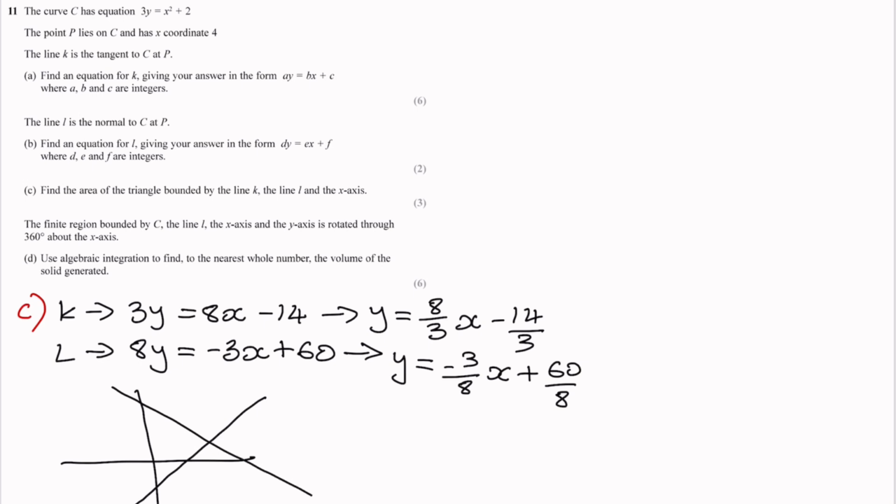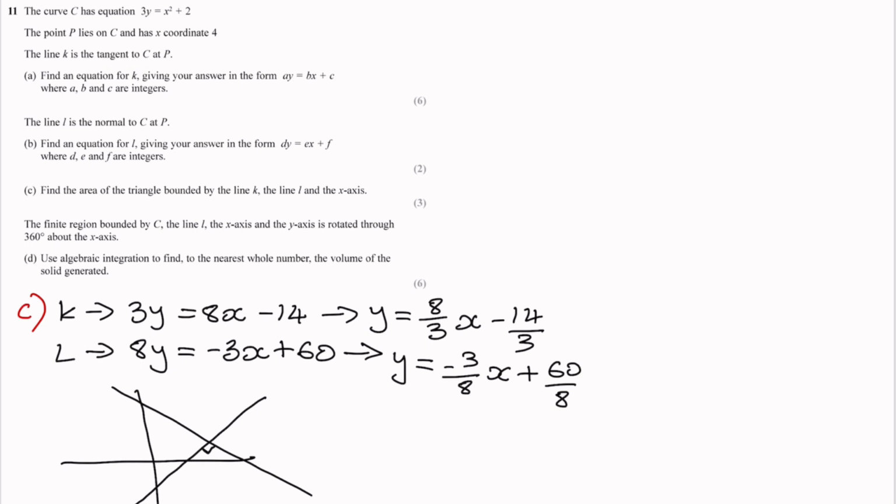And we want to find this area in here, which is obviously a triangle, and we also know it's a right angle triangle because these two lines are perpendicular. So we need to find the base and the height.